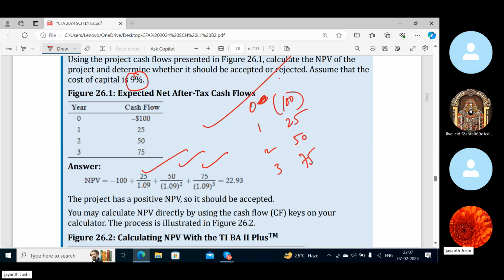So present value is equal to future value by (1 plus r) whole power n. That's the formula. Your future value is 25 for the first year, divided by 1 plus the cost of capital, 0.09, whole power 1. So that is 25 by 1.09.